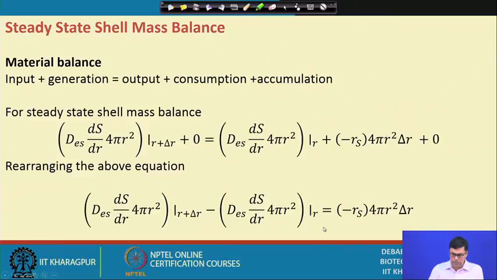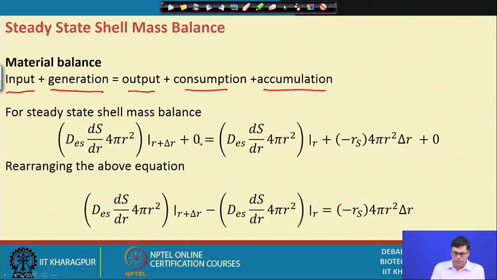Then what is our equation? During reactor analysis we use the equation for material balance: rate of input plus generation equals the output plus consumption plus accumulation. Now, what is the rate of input? This is DeS into dS by dr into 4 pi r square at r plus del r.